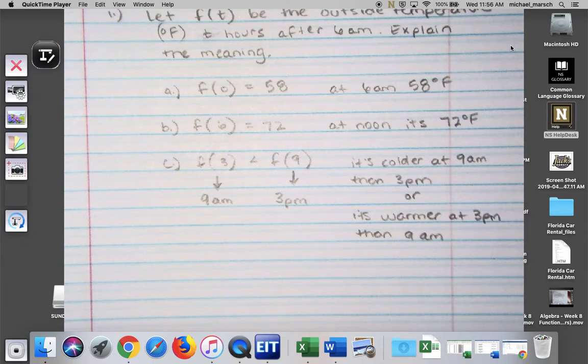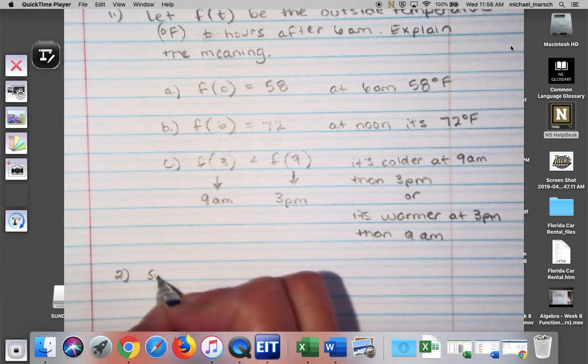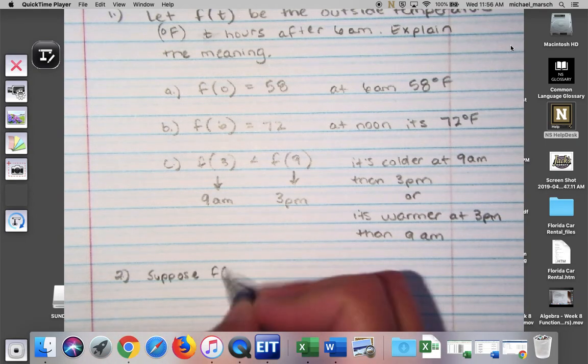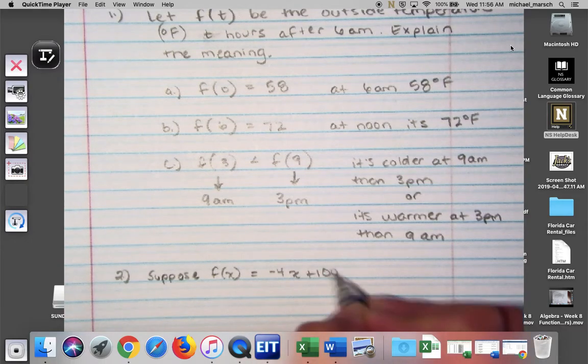All right, now we're going to get to some serious business. We're going to talk about Starbucks. So our second example, suppose f of x equals negative 4x plus 100.